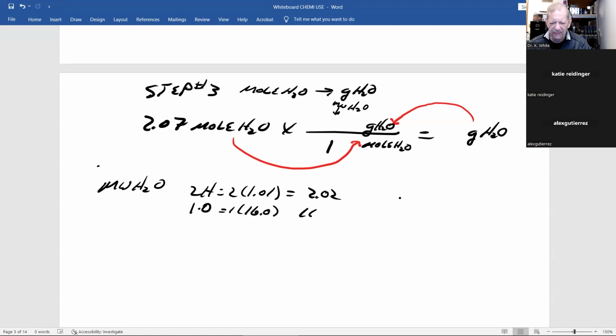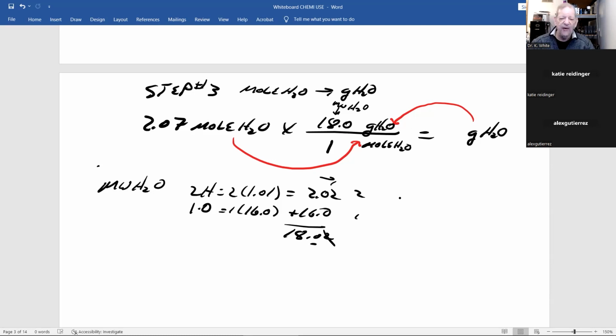Do the math, add them up. Remember, you keep the same number of significant figures to the right of the decimal as the number that has the fewest. This is 2, this is 1. Keep this, drop that.